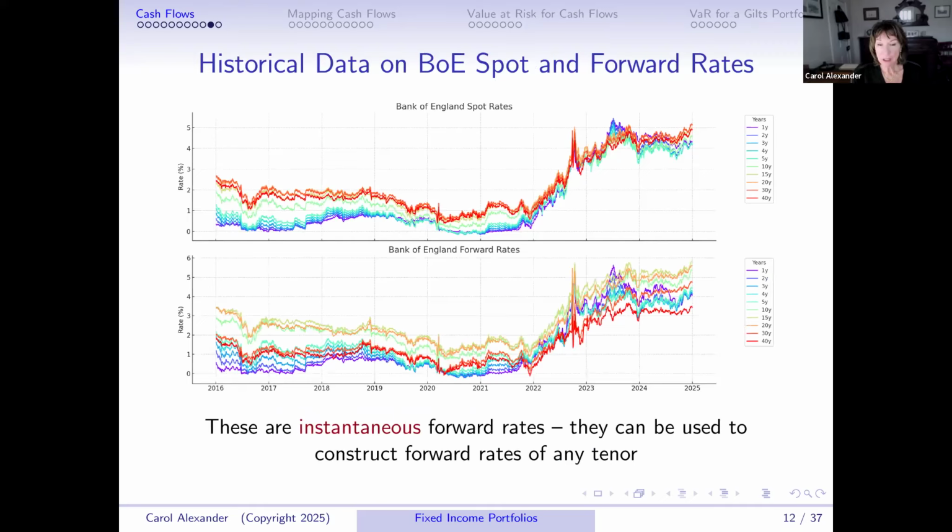So if you wanted a curve on any day, so for example on 1st of January 2019, this vertical line above 2019, we slice it through and then we make the maturity or term of the rate into the horizontal axis. It goes from 1 year, 2 year, 3 year up to 40 year.